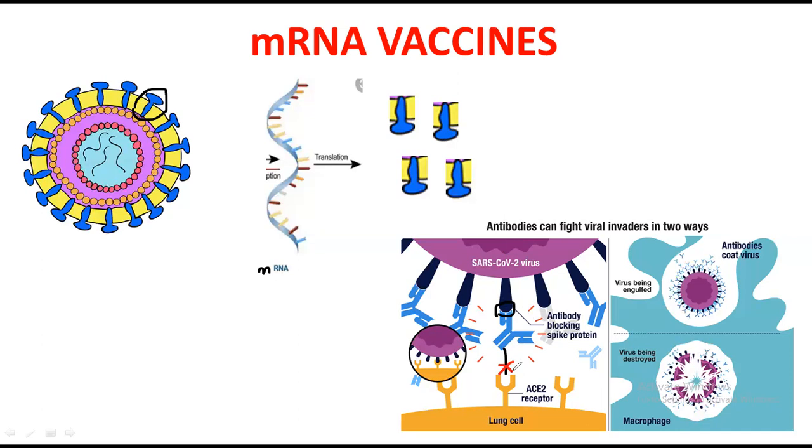I want to tell you why these are very expensive. First of all, the genome of the coronavirus should be sequenced, and after great research the messenger RNA is identified, and then different messenger RNA is produced by PCR, and after that it should be injected into the human body.